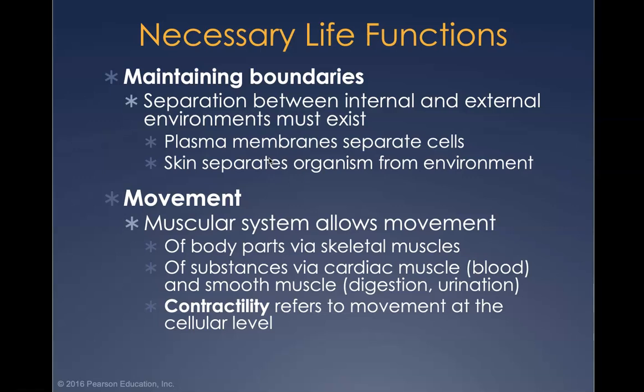Maintaining boundaries is easily done by separating the internal and external environments. For us, our skin really helps to separate us from the external environment. And each of our individual cells are also separated from their external environments with plasma membranes. So maintaining boundaries, that's a major function of life.